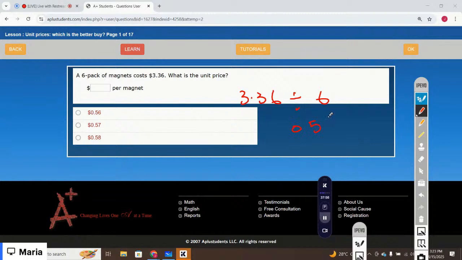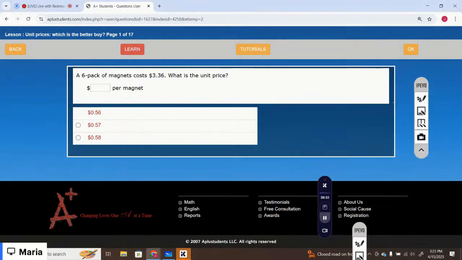Option number 1 is the correct option, that is 0.56.